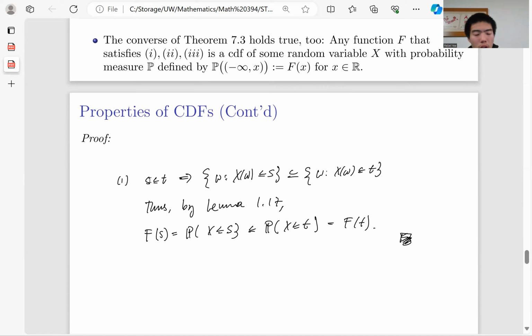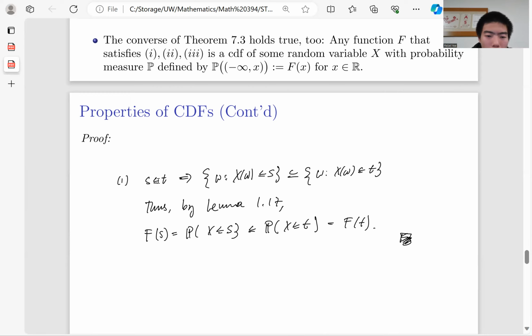If we have two points, two values s and t, and s is smaller or equal to t, then, yes, this is a set. Let's prove it by using set theory.